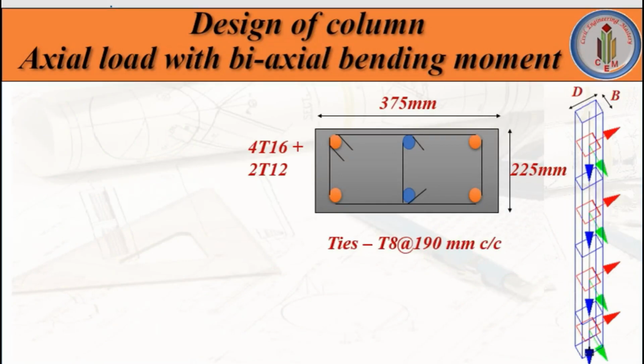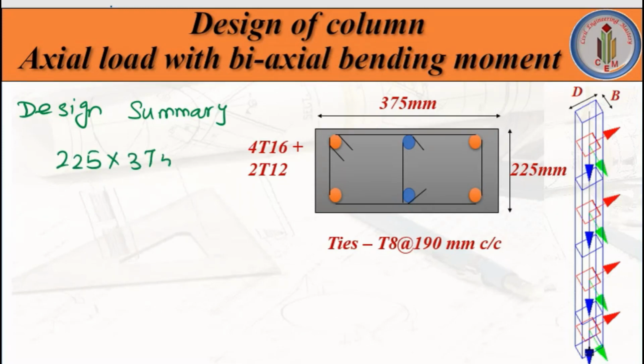So at last, let's write the design summary. Column size is 225 by 375 mm. Ast required is 1112.5 mm square.